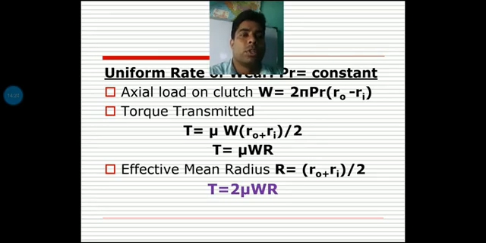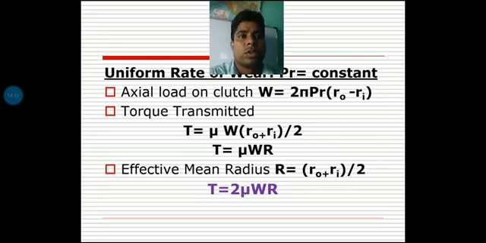That means if r decreases, the intensity of pressure will increase, and if r increases, the intensity of pressure decreases. So p is inversely proportional to the radius.